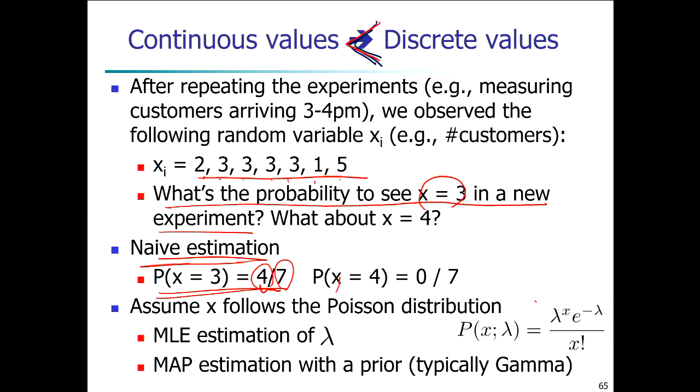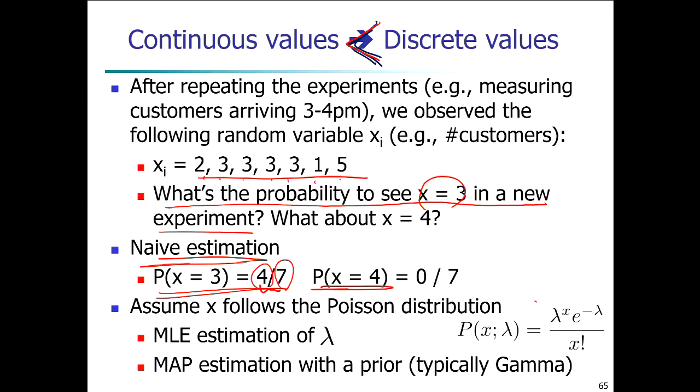What you may not know is that we are doing so-called maximum likelihood estimation. I won't go through the details, but this kind of estimation works okay for x equal to 3, but it fails for other values. If I want you to estimate the probability that I'm going to see x equal to 4, you look into the samples, and there is no sample out of the 7 that equals 4.